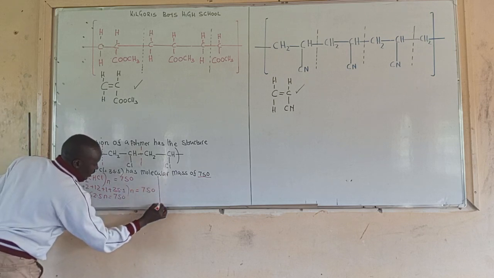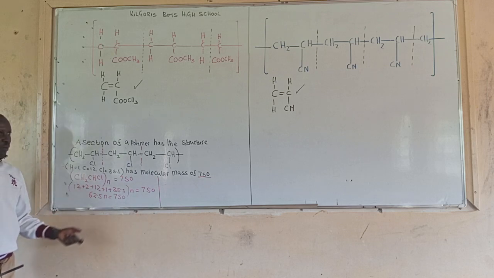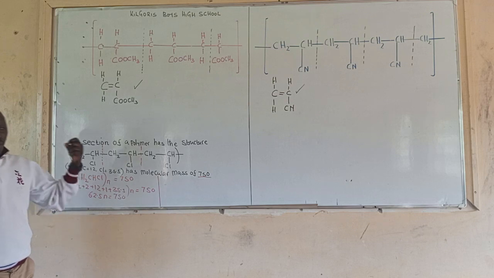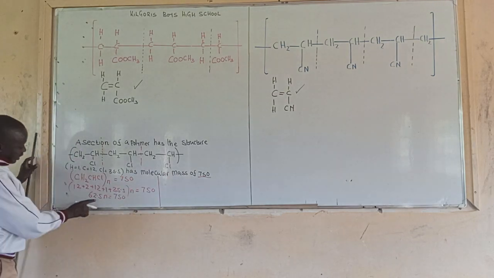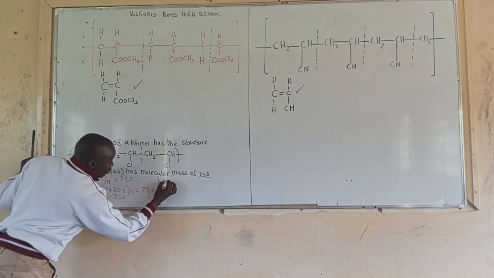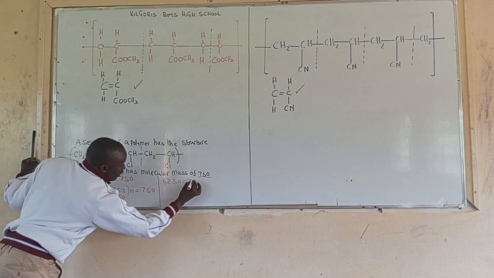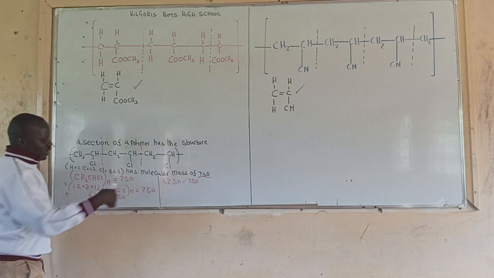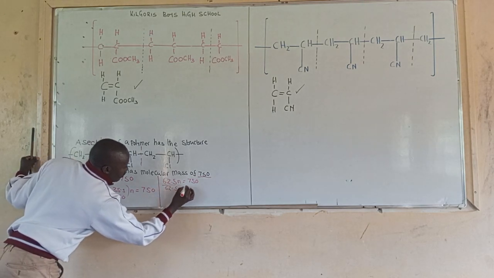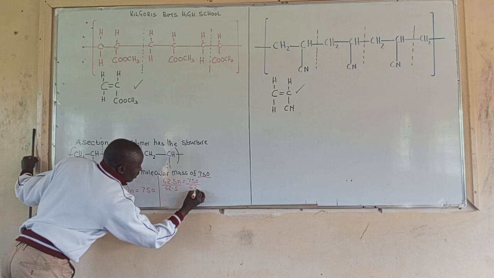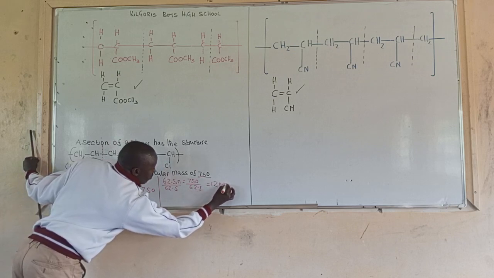Number of monomers is normally equal to the molecular mass of the polymer divided by the molecular mass of the monomer. So 62.5n equals 750. If you need the value of n, you divide both sides by 62.5. This is equivalent to 12 monomers.